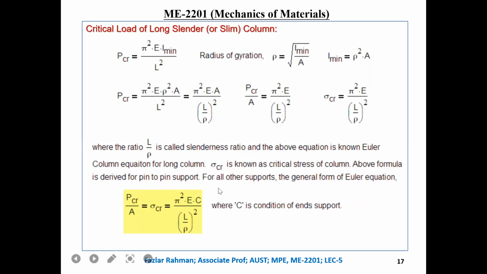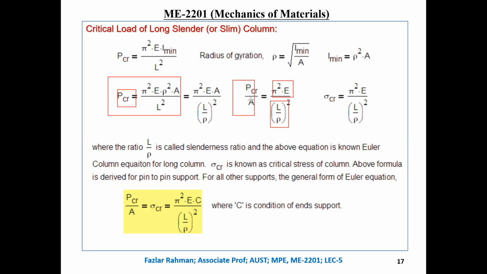So finally, if you just simplify, then you get this equation. Now this equation I can simplify more. How? This rho square, I can put at the bottom of L, L by rho square. Pi square E A by (L by rho) square. And this A, I can put at the bottom of P critical. So P critical by A equal to pi square E by (L by rho) whole square.